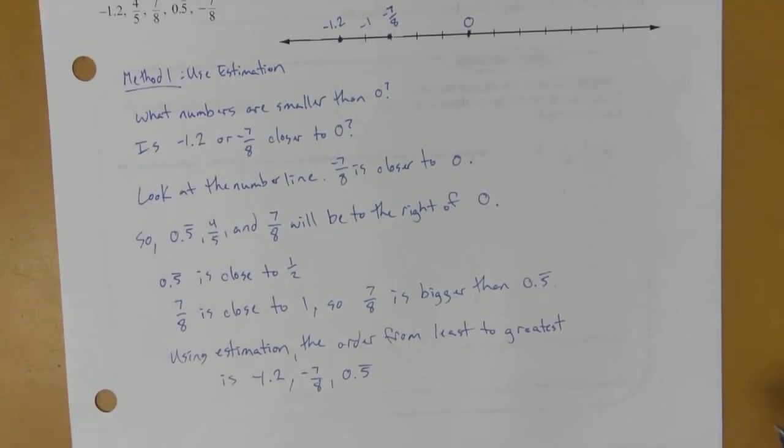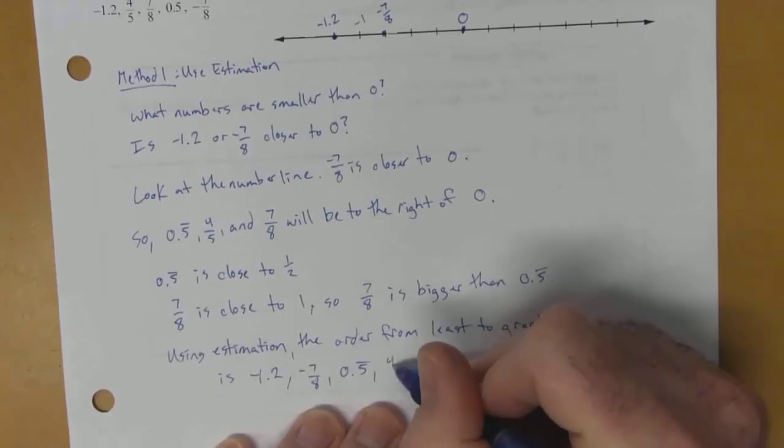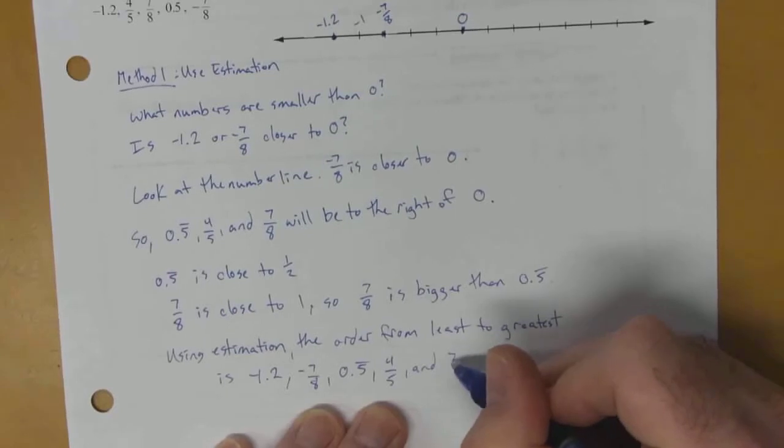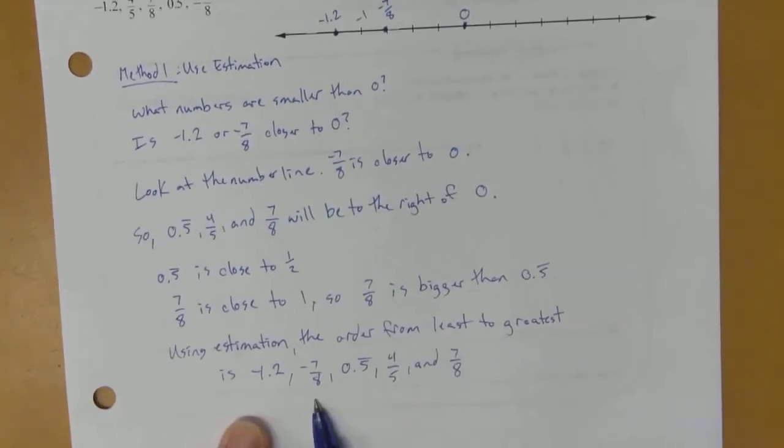If you turn it into a decimal, 0.8. And if you turn 7/8 into a decimal, it's 0.875. So it's going to be the next number in line. So 4/5 is actually next, and then 7/8. So smallest, most negative, smallest positive, and then getting larger here towards the right.